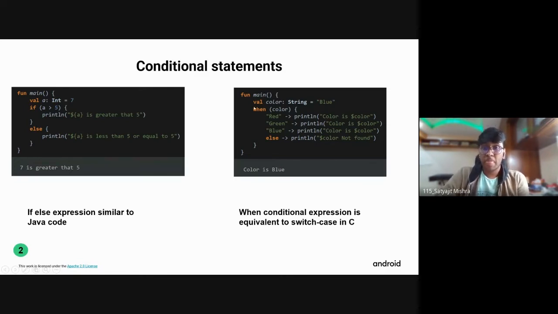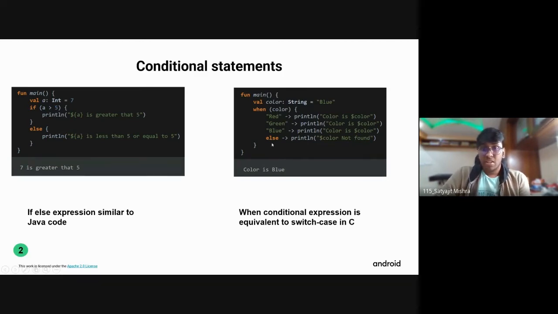As you can see, I have declared and initialized a variable called color with the value blue. Instead of switch case, what we have in Kotlin is a when expression. We use the when keyword, and in the parentheses we give the variable name which we want to check.